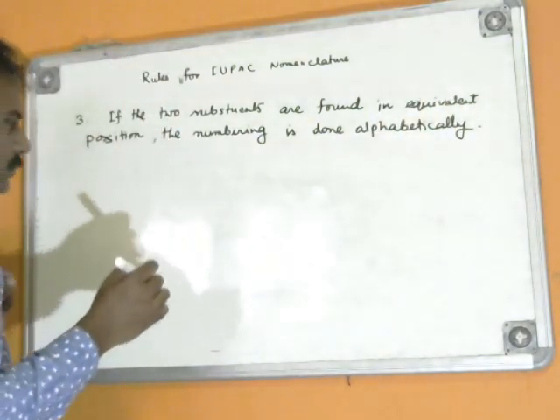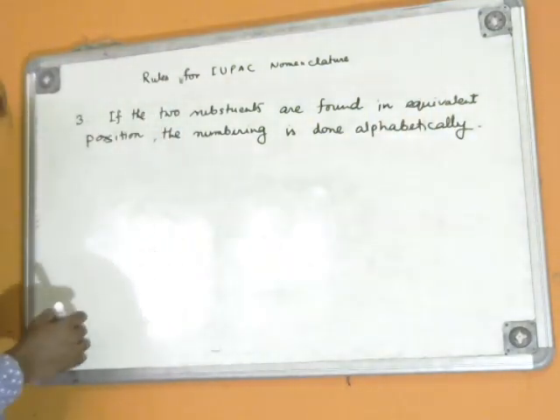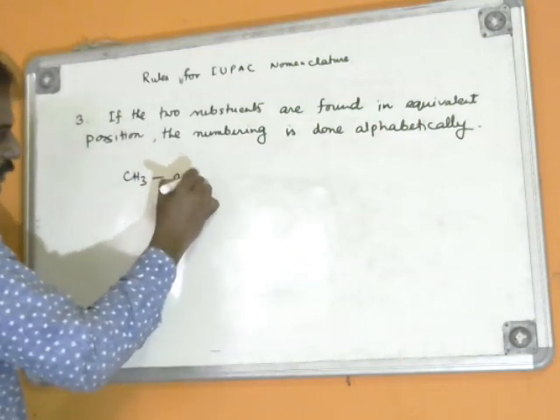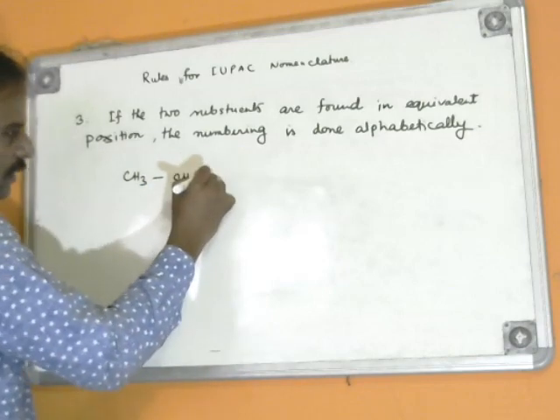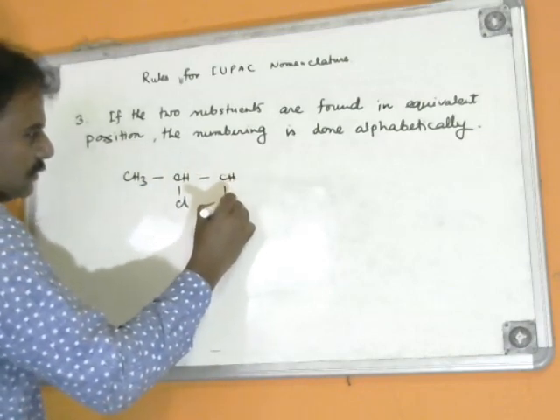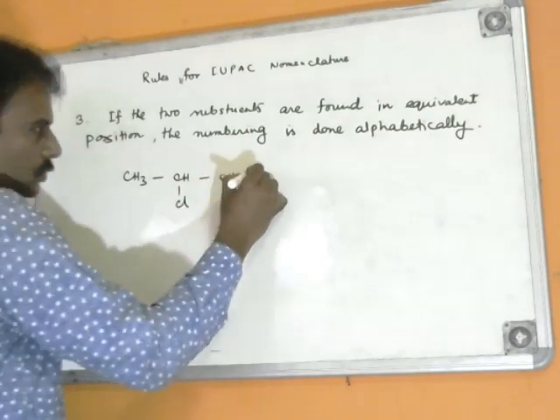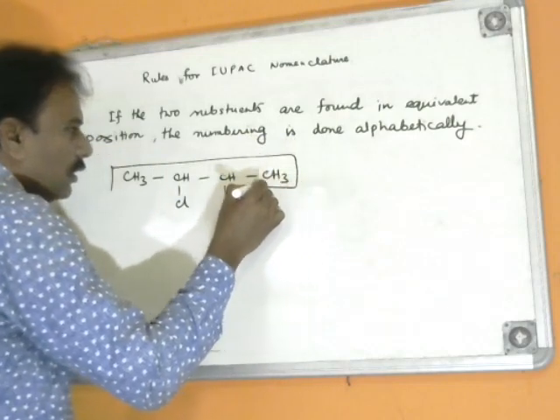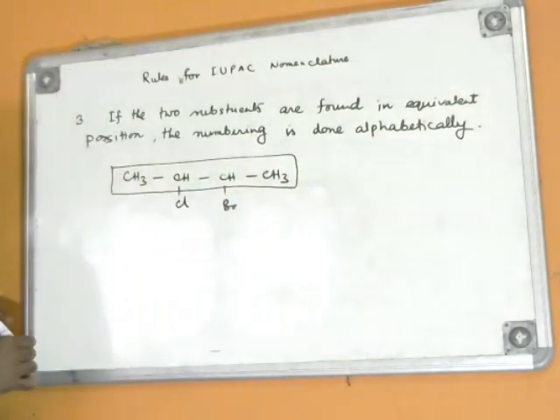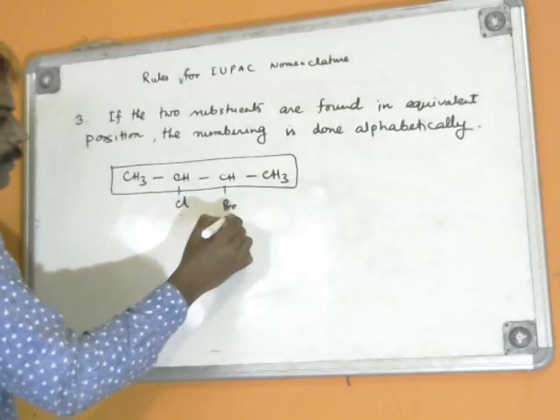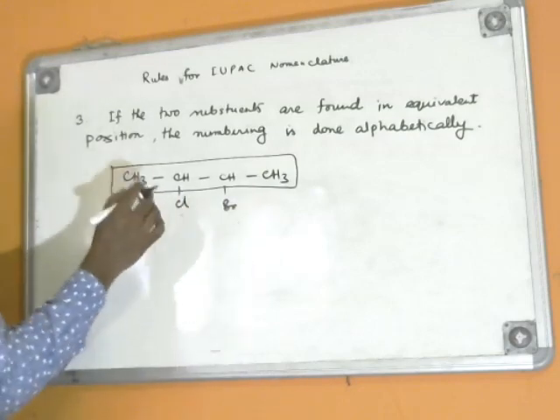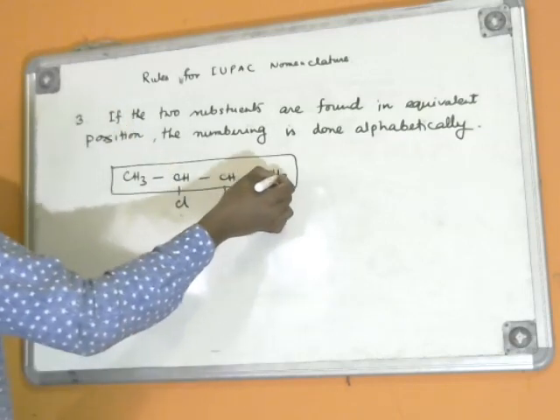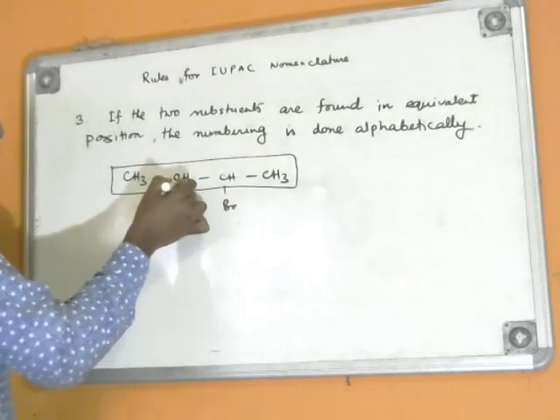I am taking another example to explain the rule: CH3, CH, suppose this is Cl, and CH, this is Br, and this is CH3. Already you know this should be the chain, and these two are branching, so they are in equivalent positions. From this terminal carbon, bromine is in 2 position, and from this terminal carbon, chlorine is in 2 position.